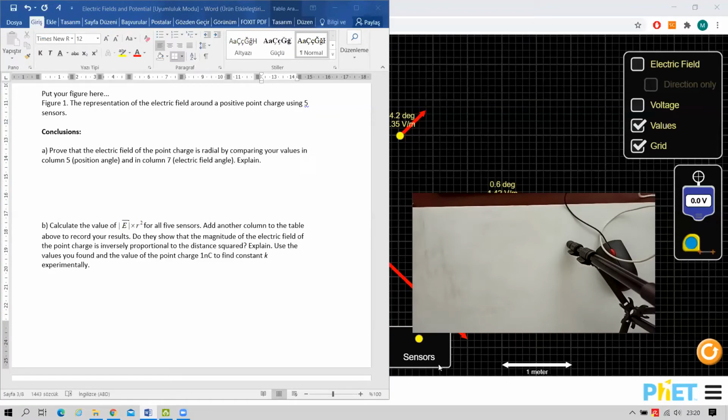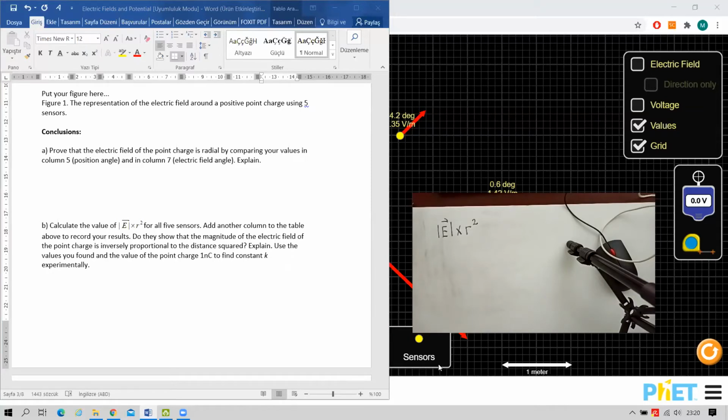The report says: calculate this product, the strength of the electric field multiplied by R squared for each sensor.